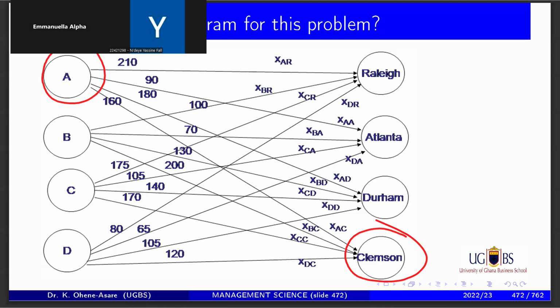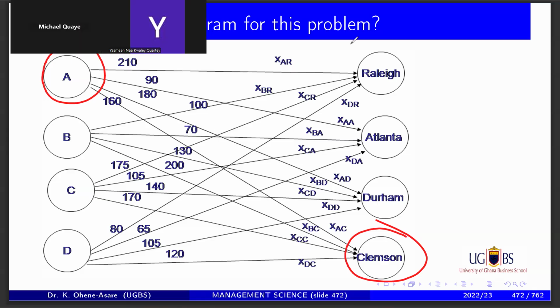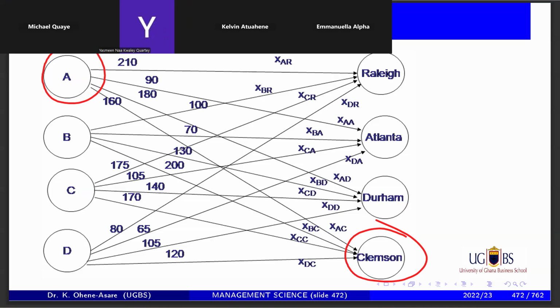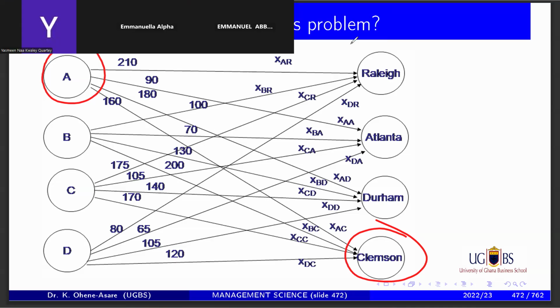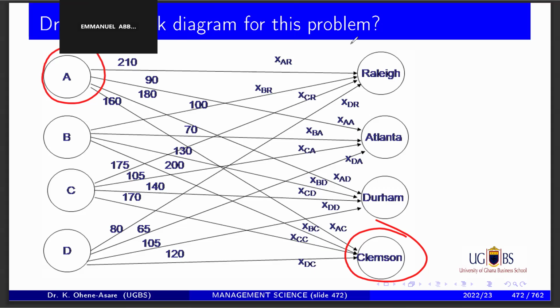Very good. Who can do that of Clemson? Yasmin. XAC plus XBC plus XCC plus XDC is equal to 1. Very good.